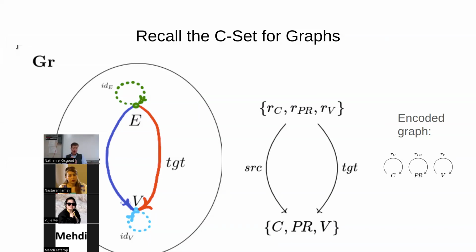So a slice category on a category C with an object X from that category allows annotating the objects of that category C with information indicated from that object X. And it allows you to only allow morphisms that honor that information, that preserve that information.